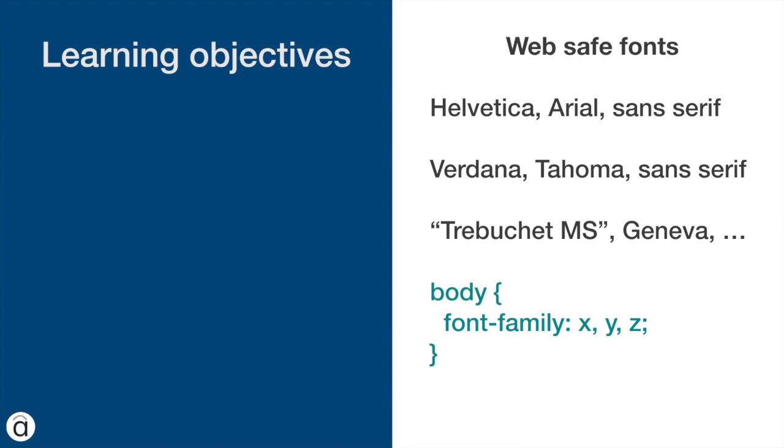So what are web-safe fonts? Well, consider using Microsoft Word or Apple Pages. If you go to fonts, you will see a different list in Microsoft versus the list in Apple.